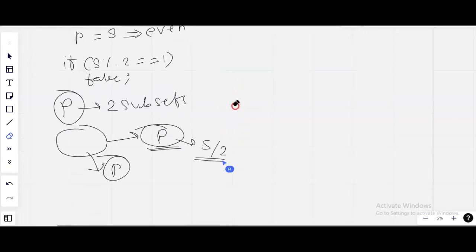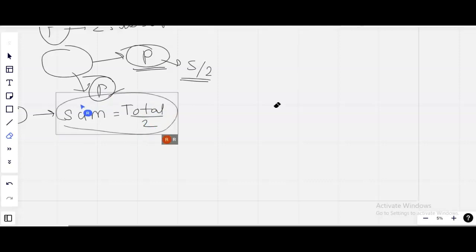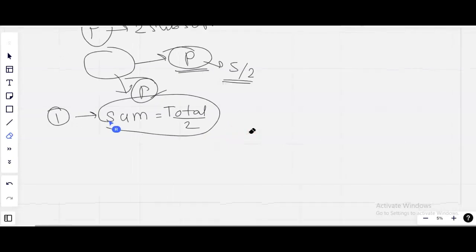So we can simply say that if we can find one subset with sum equal to total sum by 2, then the remaining will have sum equal to total sum by 2 itself.